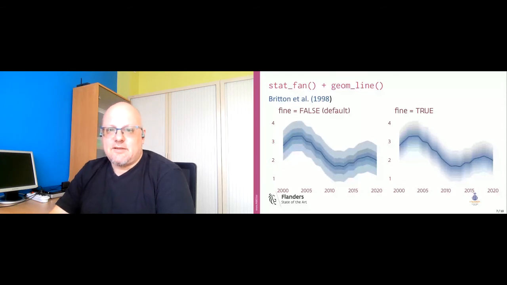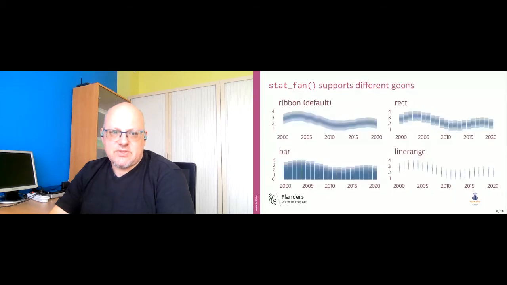The fine version uses 9 bands with 10% intervals. We can have this with different geoms. Here are just a few examples, but more details on all possible combinations are available in the vignette of the package. So then I think we can already conclude.